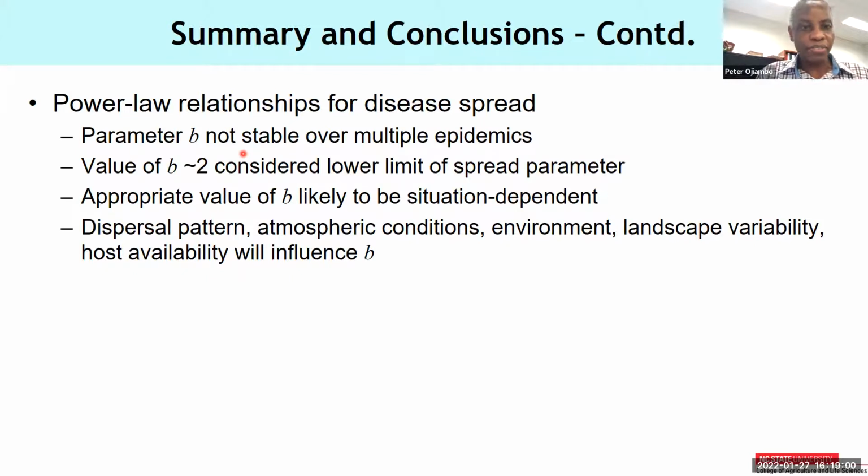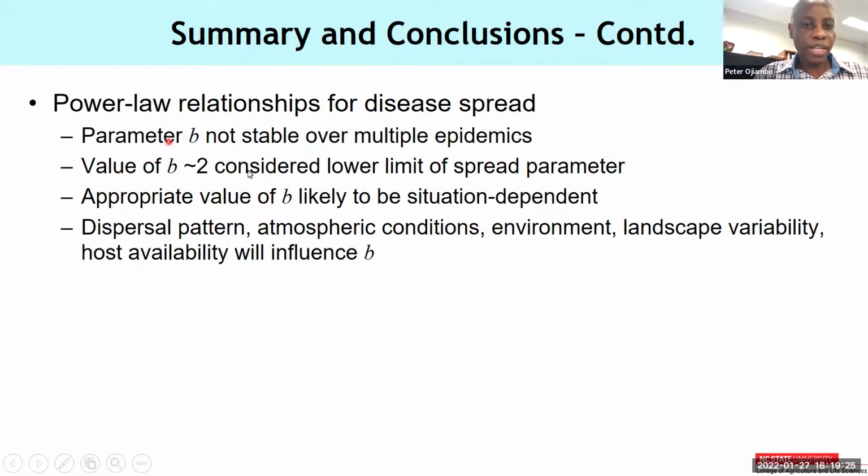If you look at different realizations of the epidemic, most likely that value is not going to be very appropriate. My opinion is that the B value is going to be situation dependent, and any value of B you use should be considered the lower limit of the spread parameter. Factors like atmospheric conditions and environment are going to influence B.